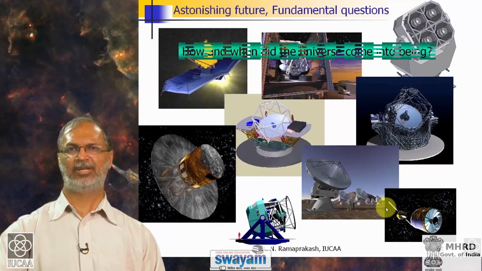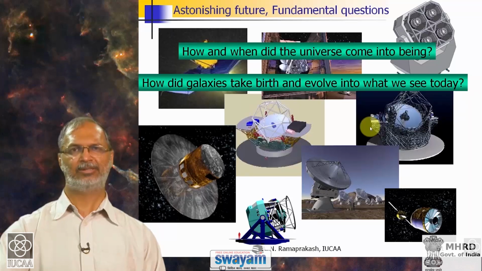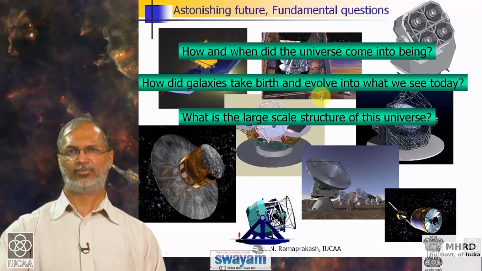These facilities will allow you to ask and answer maybe some of the most fundamental questions you can ask ever, like how and when did the universe come into existence, are there other universes like this, how did galaxies take birth and evolve into what we see today, why did these galaxies assemble into large scale structures of clusters and superclusters of galaxies, all arranged into filamentary shapes, and so on. So, what is really the large scale structure of the universe?